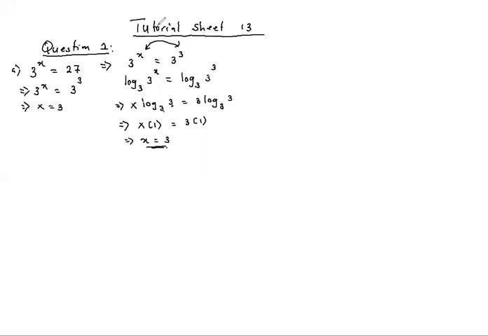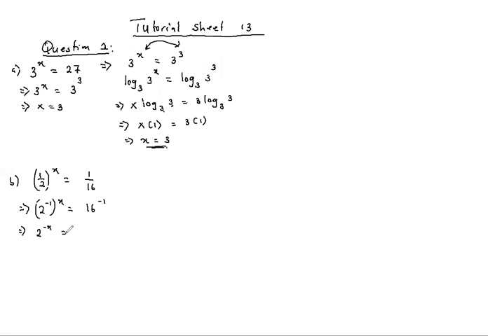Okay, so we now go to B. B is (1/2)^x = 1/16. Well, this can be written as (2^-1)^x = 16^-1, so that we have 2 to the power negative x.